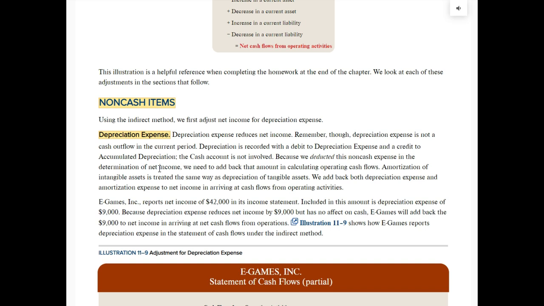So since we're trying to change the net income figure into a cash flow from operations figure, we're going to add back this depreciation expense. Again, why? Because we used depreciation expense to reduce net income and it did not use up any cash. We're going to add this back to net income to get more of a cash flow number.